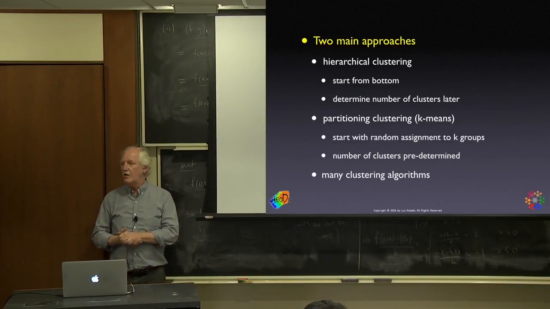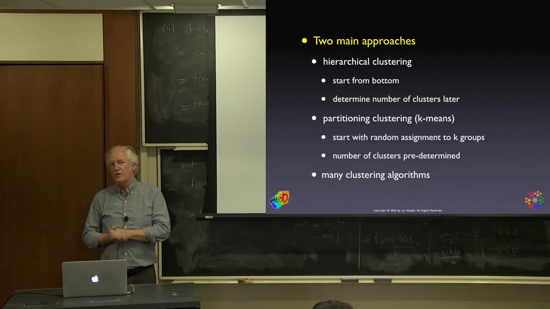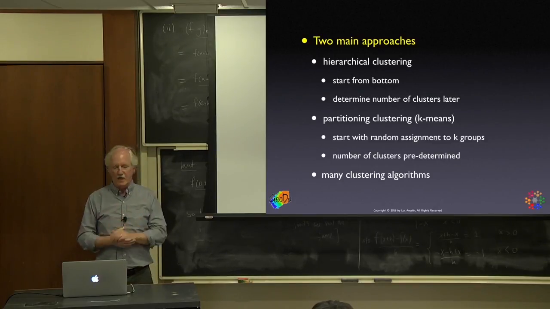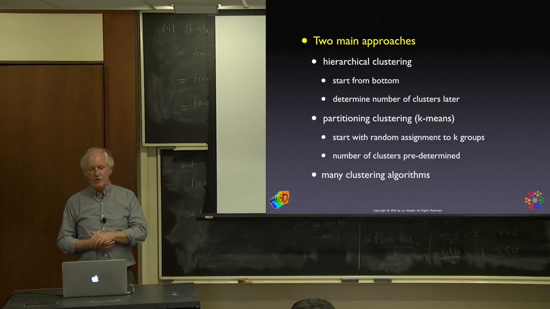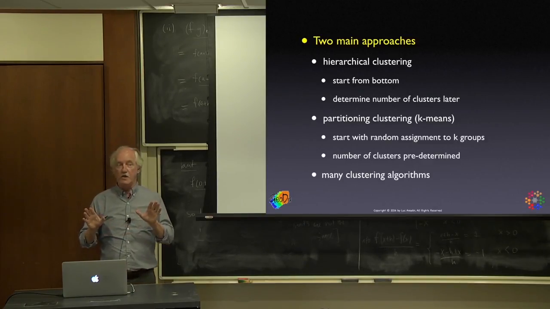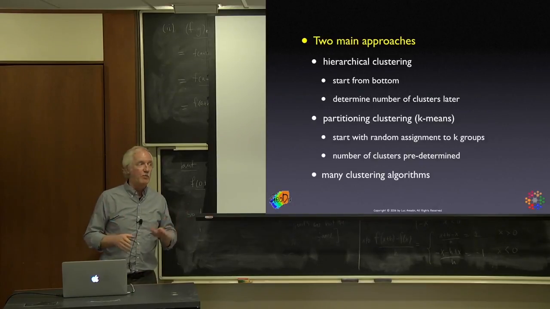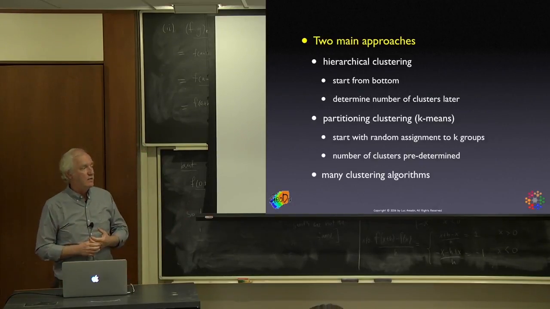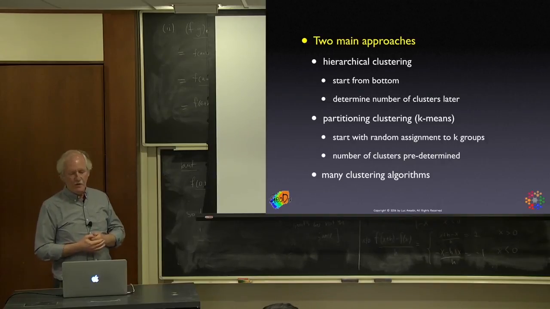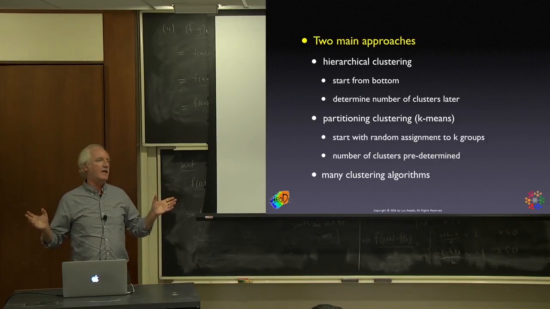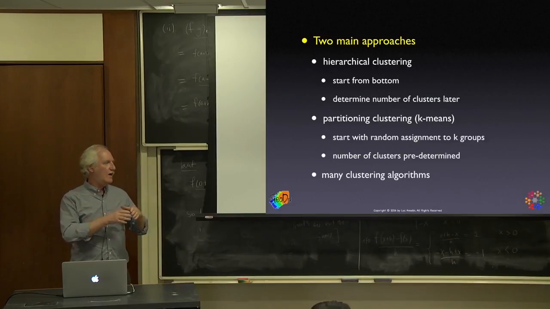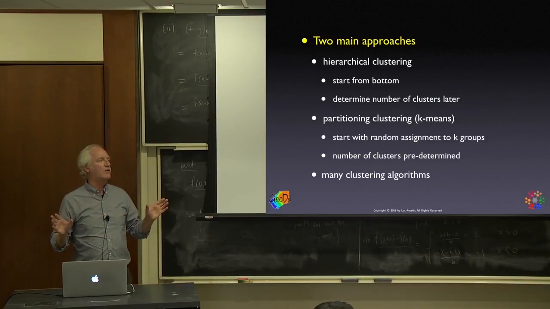So that's where the bottom to top idea comes from. And the other approach, you can think of it as top-down. It's not quite the same. It's called partitioning clustering. The best known measure is k-means, but it is by no means the best one or the most appropriate one. It's just, I think, the better known one, where you start by randomly assigning each of your n observations to one of k groups.